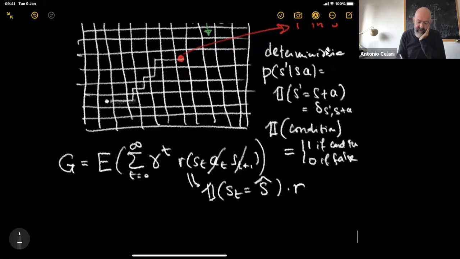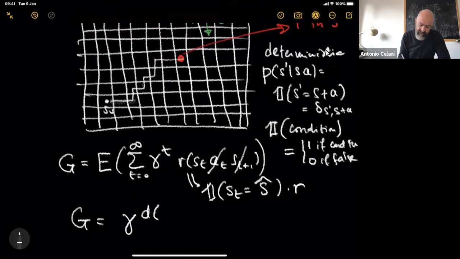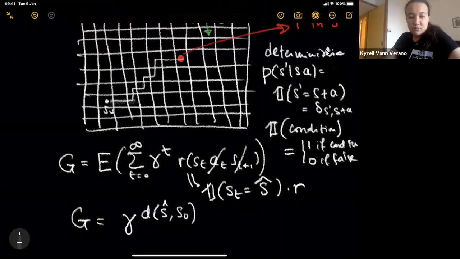So in short, if I start from a state S naught, my G is nothing but gamma to the distance, if you wish, in the sense of the so-called Manhattan distance, so the distance along a squared grid between my target point, S hat, and my initial point, S naught. So if I have any sequence of actions, this will be my G. There is no stochasticity here because everything is deterministic.